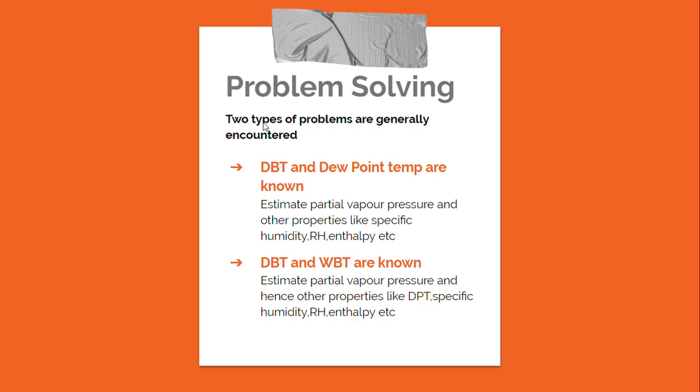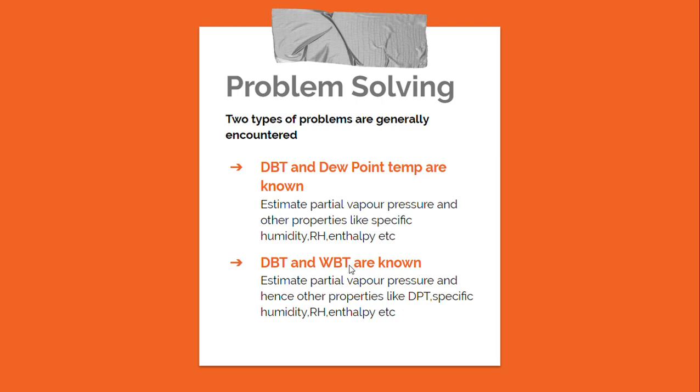You would find that in the given problem, generally they would give you the dry bulb temperature and wet bulb temperature. Means what? If I want to design an air conditioning equipment, then I use a psychrometer and record the dry bulb temperature and wet bulb temperature.